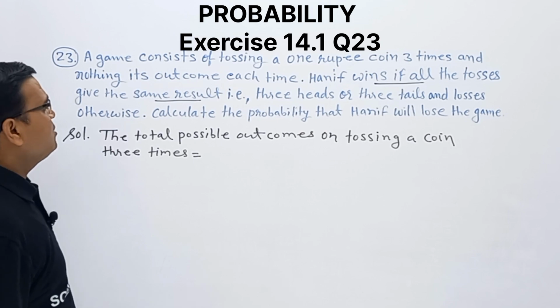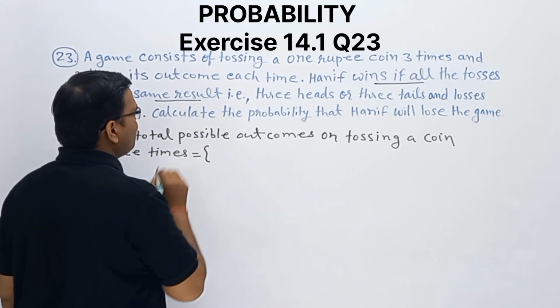Once we are tossing a coin 3 times, then total possible outcomes will be what?